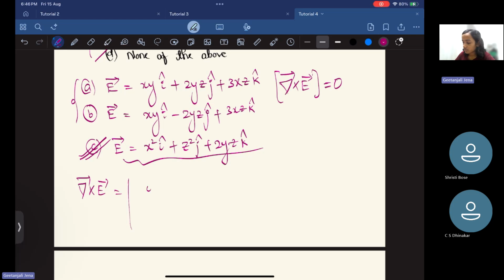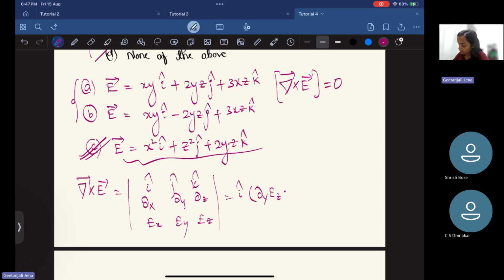Curl for the Cartesian one is easy. With del x, del y, del z, Ex, Ey, Ez, this will be i cap (del y Ez minus del z Ey) minus j cap (del x Ez minus del z Ex) plus k cap (del x Ey minus del y Ex).